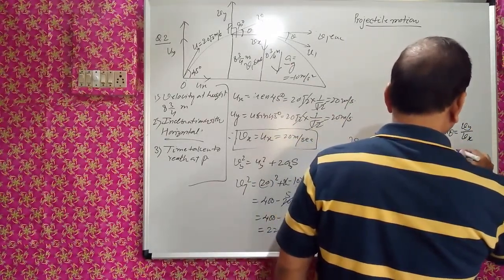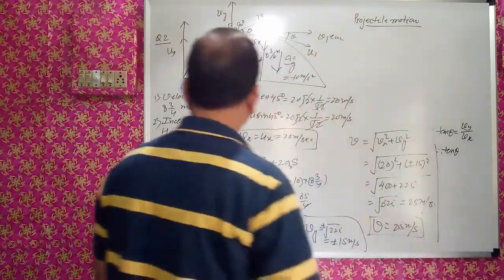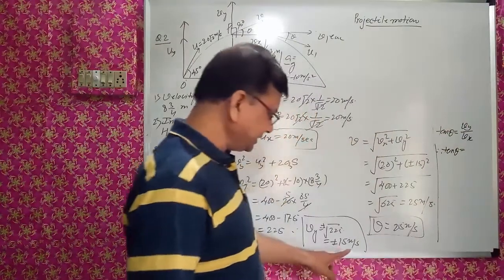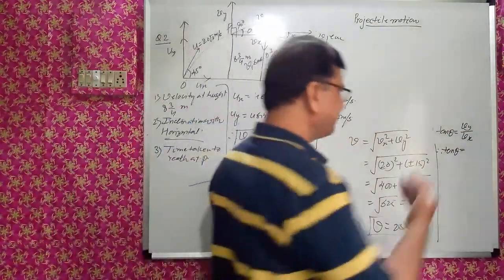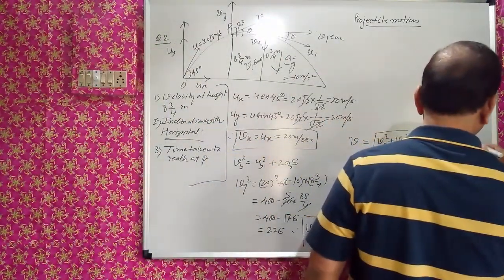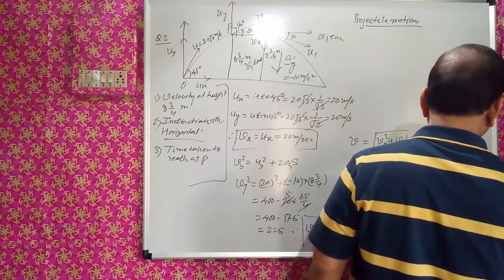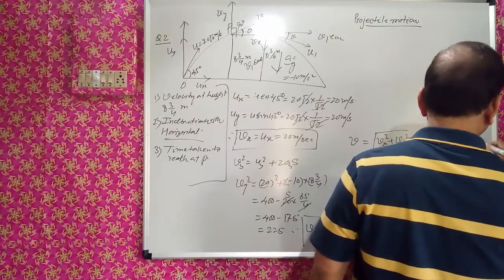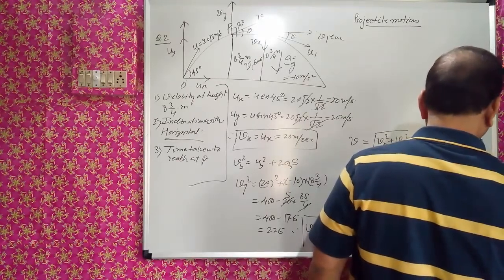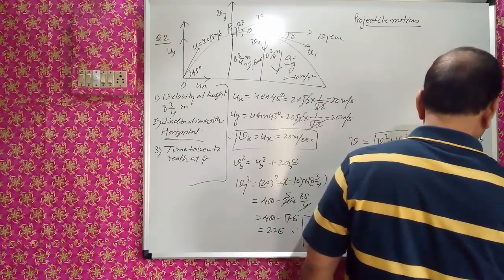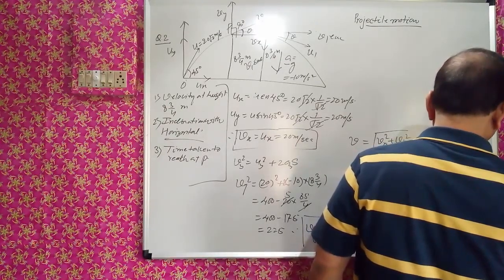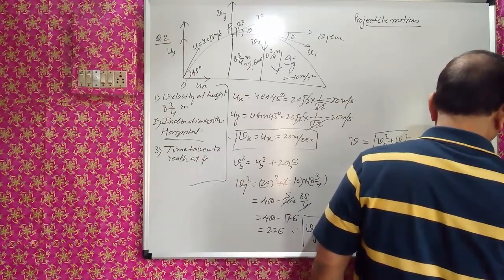Therefore, tan theta is equal to Vy, plus minus 15, upon Vx, 20. That is equal to plus minus 3 by 4. So therefore theta is equal to tan inverse plus minus 3 by 4.